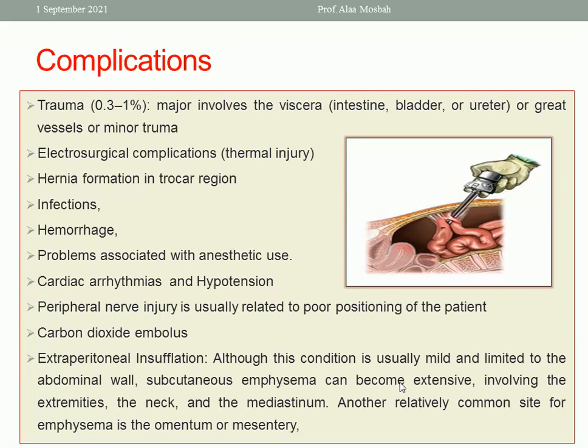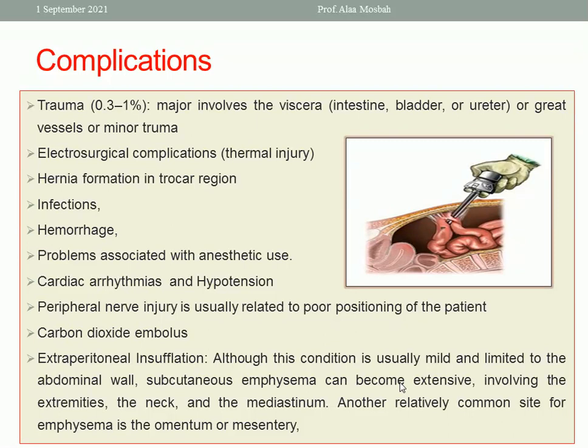Overall, the incidence of entry injury ranges between 0.3 up to 1%. There may be thermal injury with use of electrosurgical procedures, maybe hernia formation if you use a trocar of 10 millimeter or more, infections, hemorrhage, and problems associated with anesthesia.